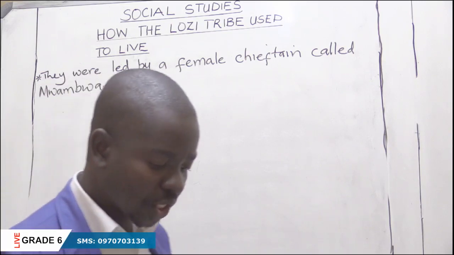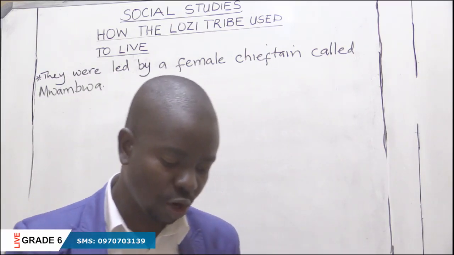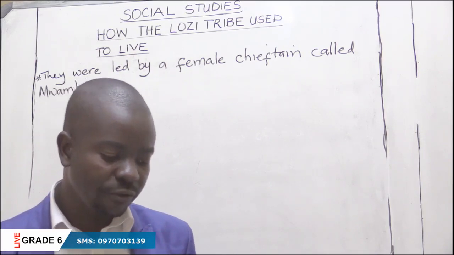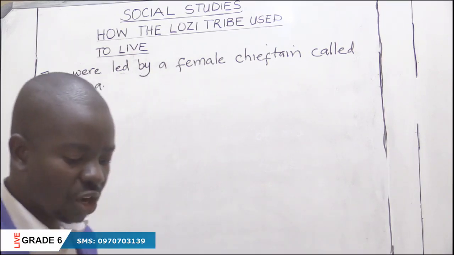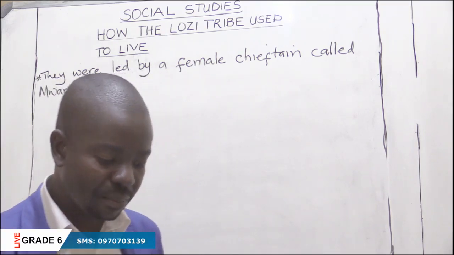The other name for Lozi is Silozi. The Lozi people consist of more than 46 different ethnic groups and are primarily situated in western Zambia.